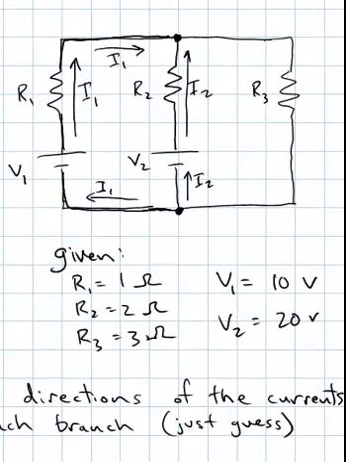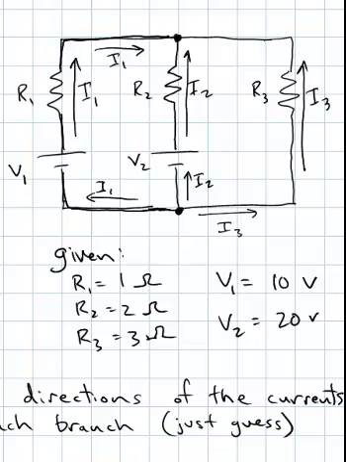And then just to show you that you can get these wrong, and you don't have to guess correctly, I'm going to guess that my current is also going up through R3. I'm going to call that I3, which means it's going to the right in the bottom part of that branch, and to the left in the top part of that branch.